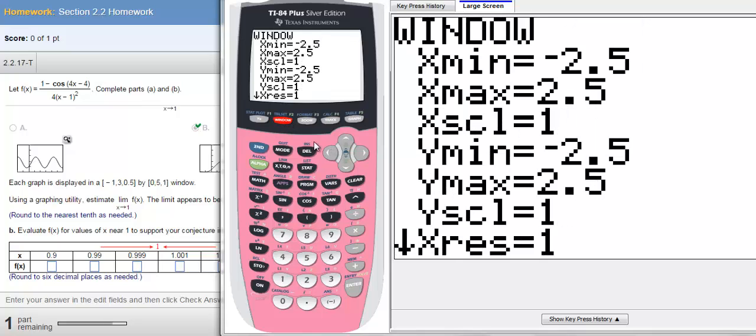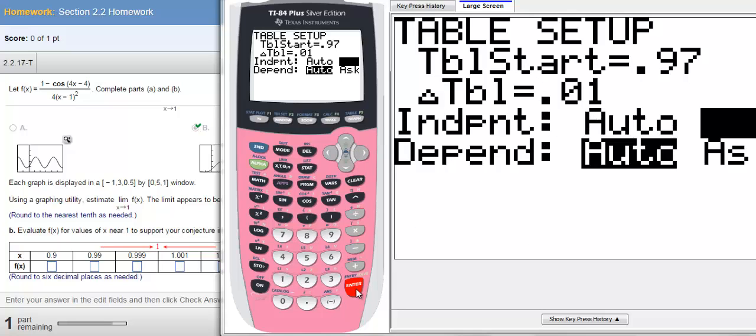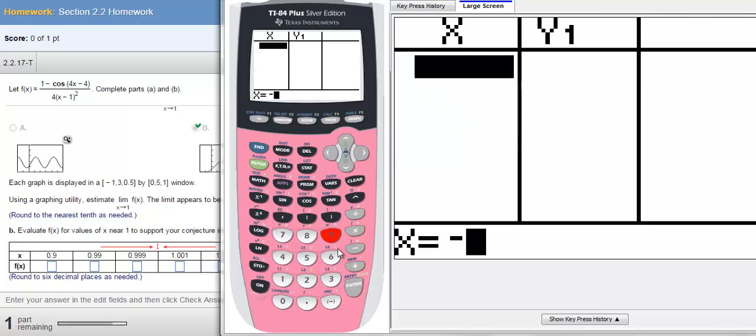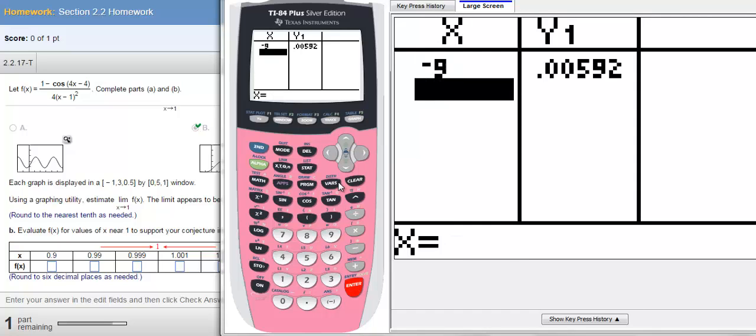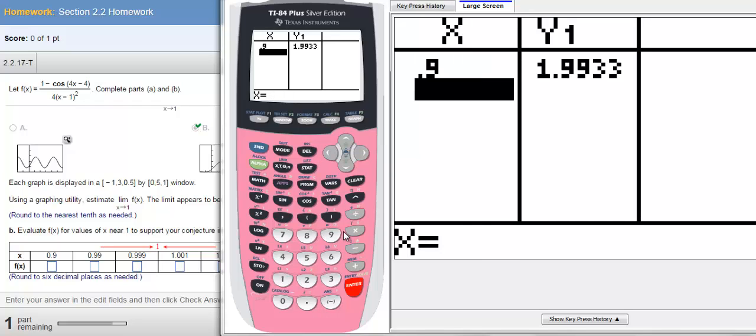What I should have done is gone to my table set and done ask. And then I could have typed in 0.9, 0.99. Oh, round to 6 decimal places. That's the only limitation with the table.